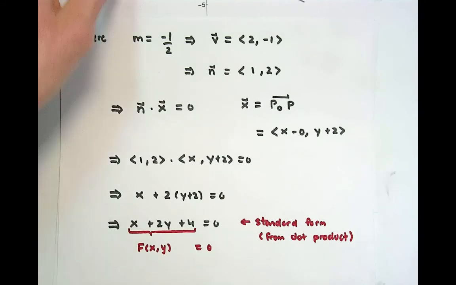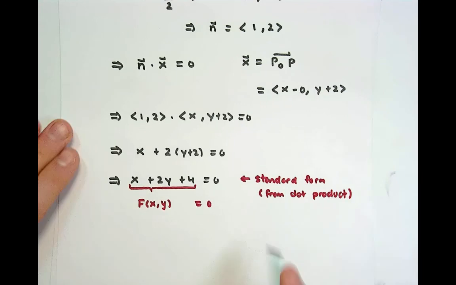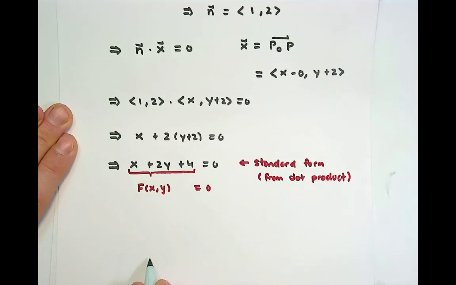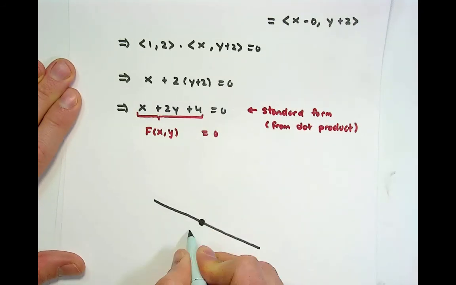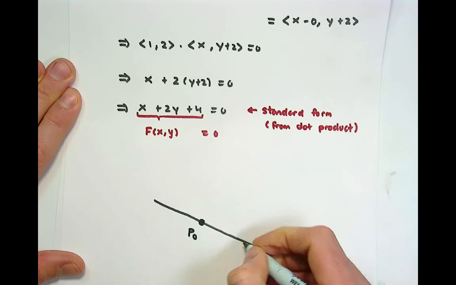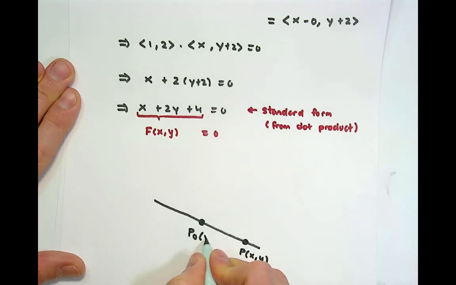The reason that this is super important is the same intuition that we use in this implicit relation, which is to say that a line, when we think about a line, this is kind of the picture that I would have in mind. So this is the general line. We have some exact point on the line, and then we have a general point on the line. So this is what we call x, y.